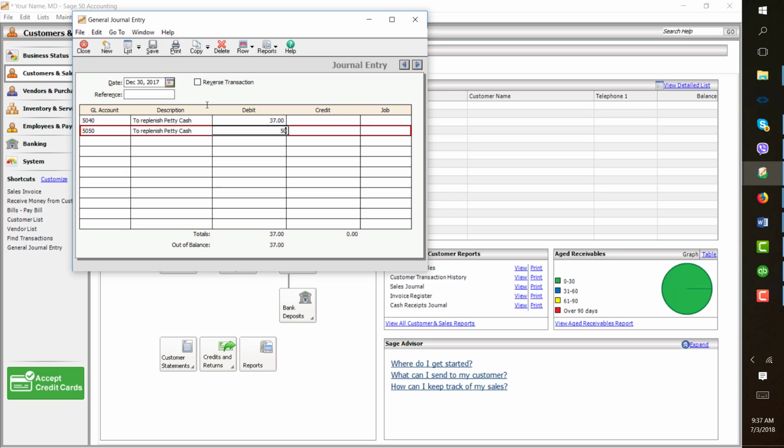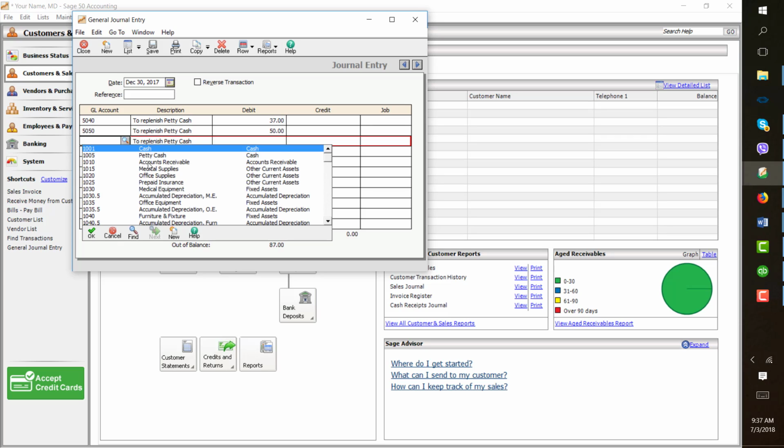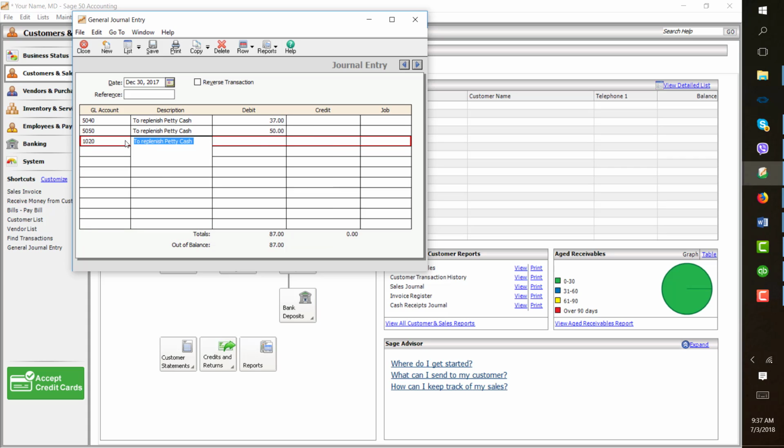Another debit is to office supplies, and applying the principle of consistency in Chapter 2 we have been recording all our purchases to the office supplies asset account. You want to debit the office supplies for your purchases of $123.50.